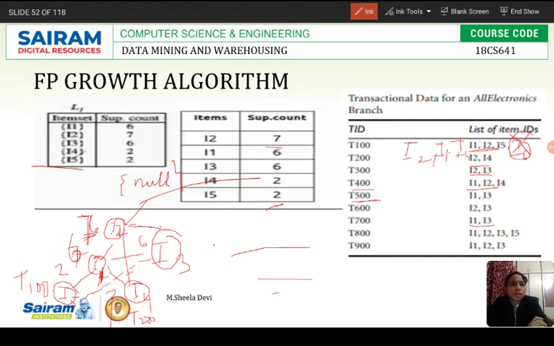Next, transaction 500 is I1, I3. Since I have the path from I2 to I1 and I1 to I5, I am creating a new node called I1 here, on the right hand side, and connecting I1 with I3.